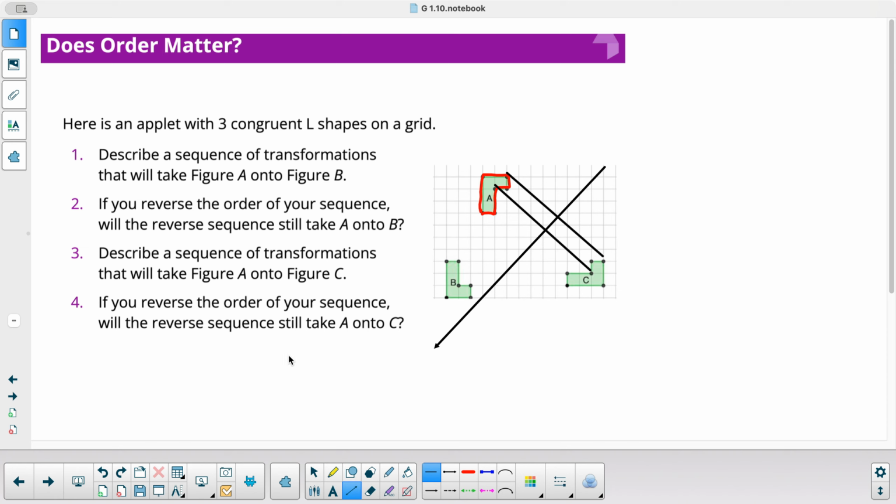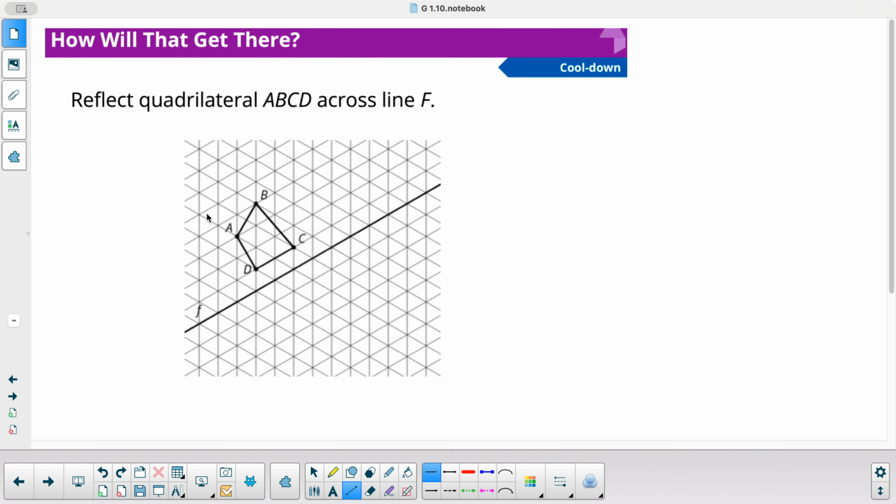Actually, I don't really have anything to reverse here the way I did this one. So yeah, it's still definitely going to work. So, all right. Reflect across this line. So again, you're just counting. You've got to be perpendicular. You've got to be equidistant.